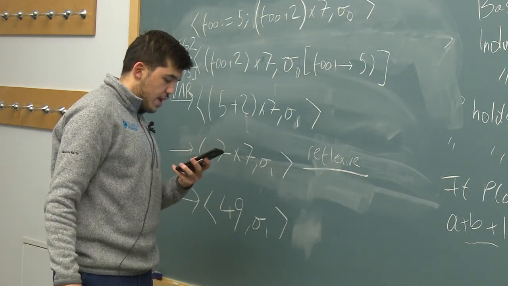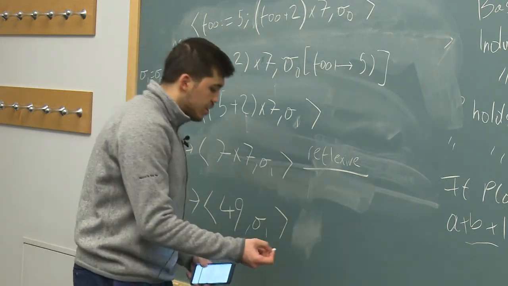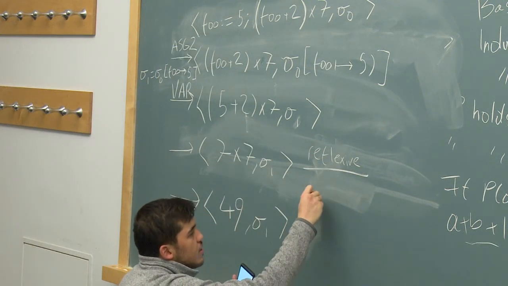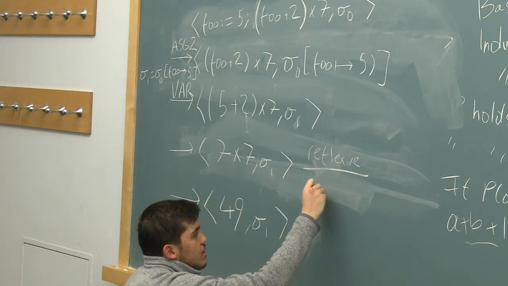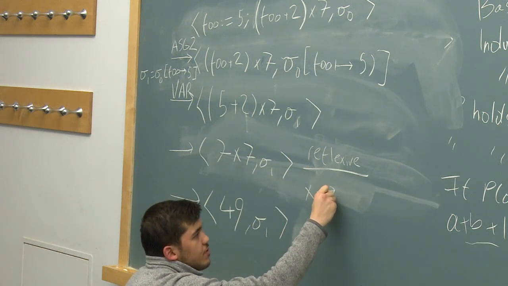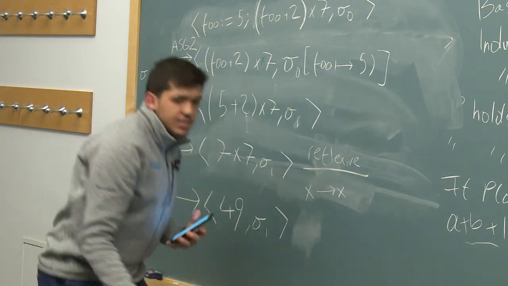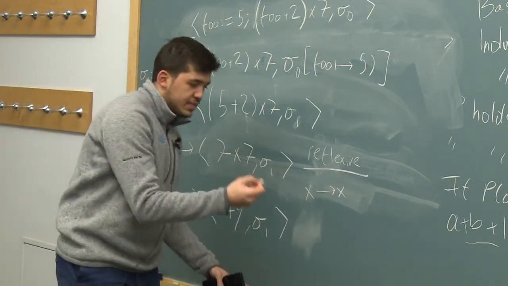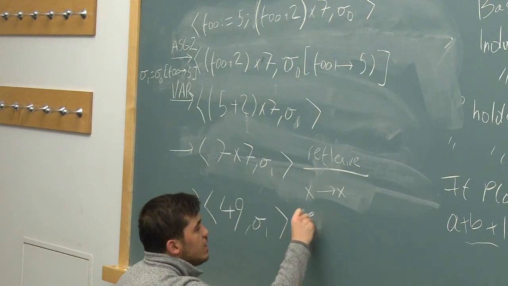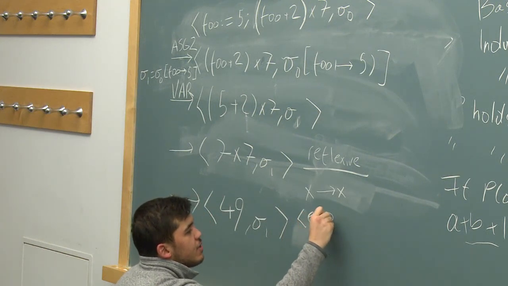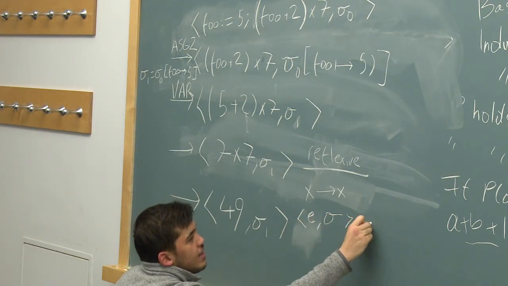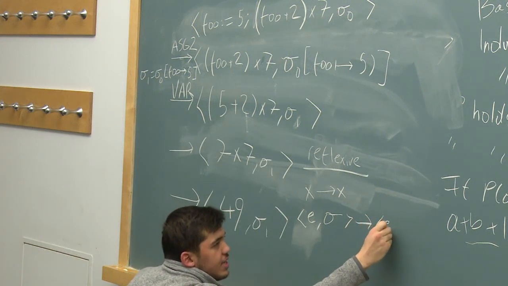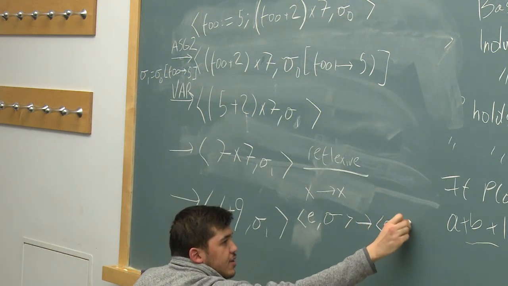in that same relation, you can have, let's say, a variable x, and then after one small step, you can have x again. So is there any possible case where you have a configuration, E and sigma, and after one small step you also end up with E and sigma?